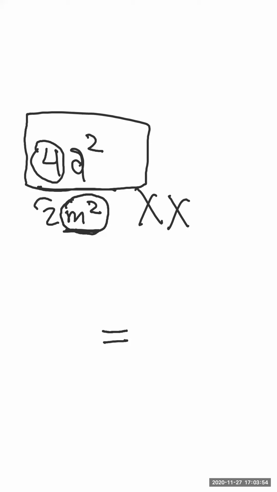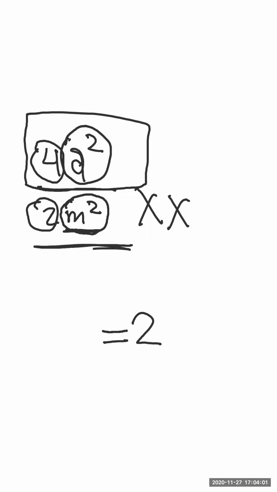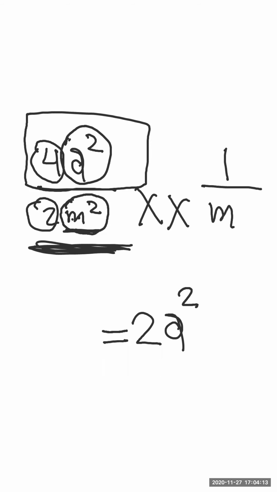4 divided by 2 means 2. And a squared divided by 1, because there is no a on the denominator, so a squared. Then what about m squared on the denominator? 1 over m squared. We said before, guys, 1 over m squared equals m at the power of negative 2.